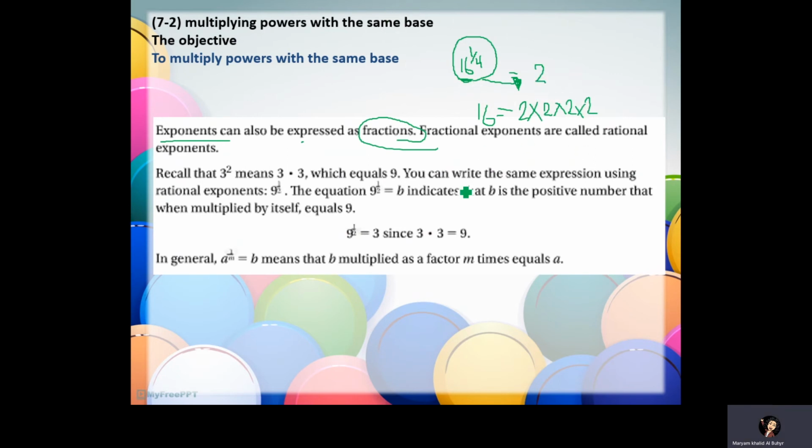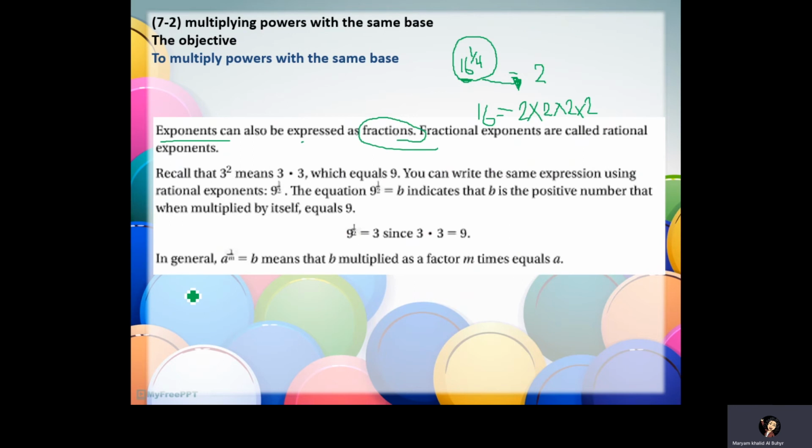One more thing: this fraction represents a root. This represents the 4th root. The denominator of the fraction represents the degree of the root. I will give you more details in lesson 7.5, inshallah. For this lesson, I'll just give you an introduction.